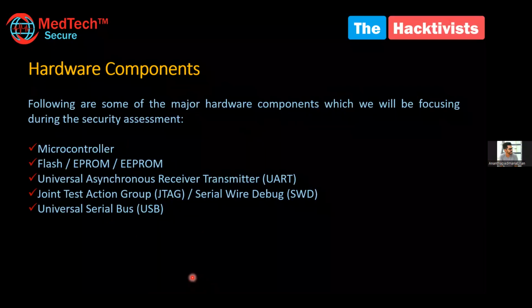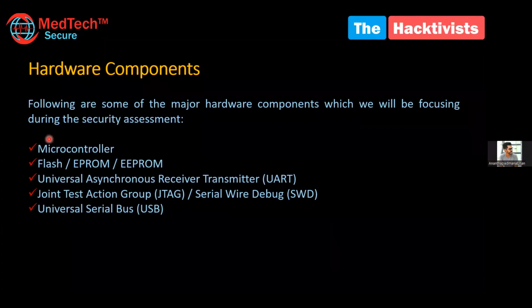Here I have listed around 5 components, which consist of some protocols as well. These are some of the major components which we should be aware of from a beginner's perspective. Without an understanding of this, we can't perform a proper hardware pen testing on any hardware or IoT devices.